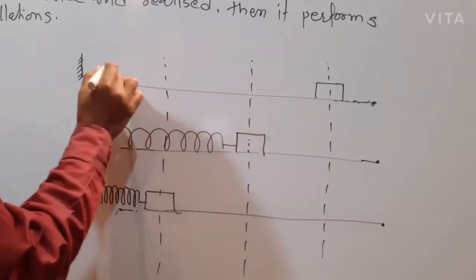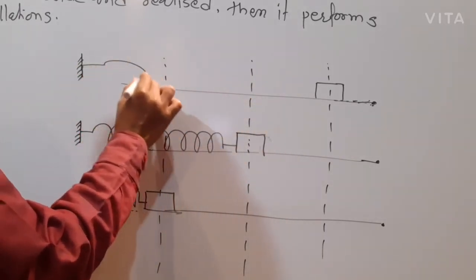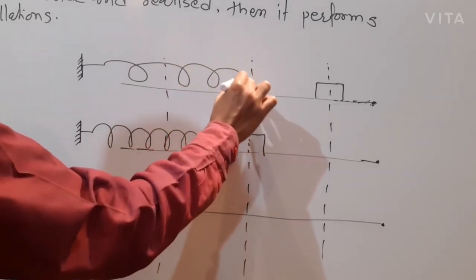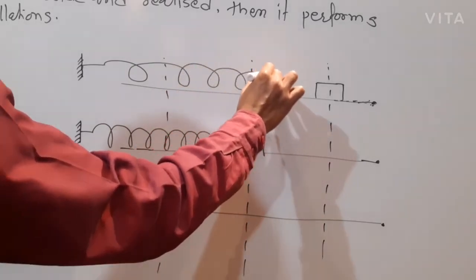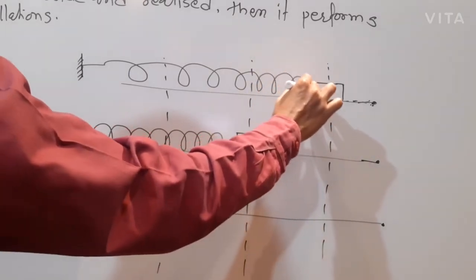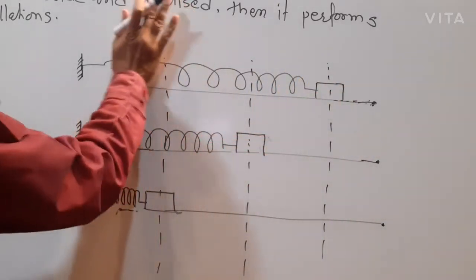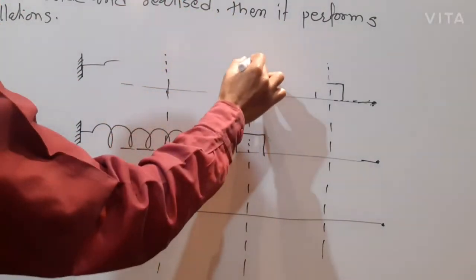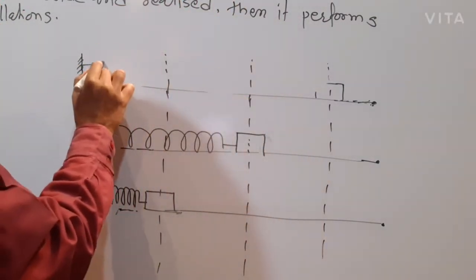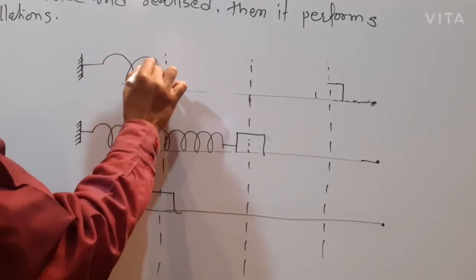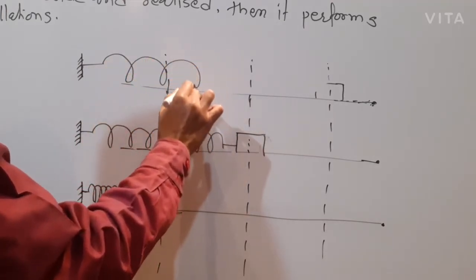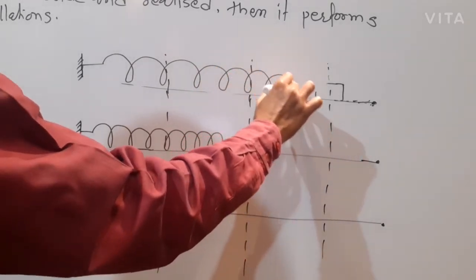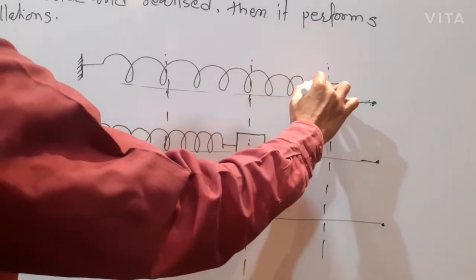Here also you must show 8 coils, 1, 2, 3, 4, 5, 6, 7 and 8.